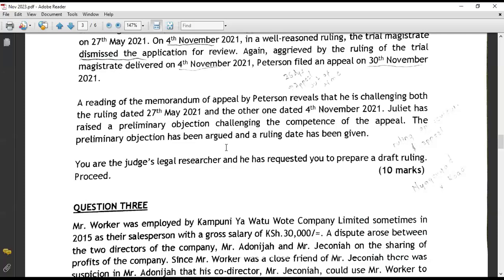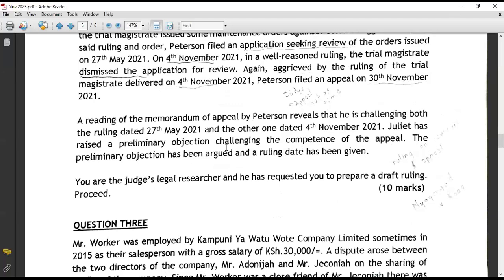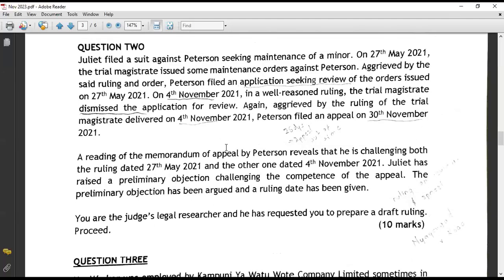So let me go to it. So I read the question. Question 2. Juliet filed a suit against Peterson seeking maintenance of a minor. On 27 May 2021, the trial magistrate issued some maintenance orders against Peterson. Aggrieved by the said ruling and order, Peterson filed an application seeking review of the order issued on 27 May 2021. On 4th November 2021, in a well-reasoned ruling, the trial magistrate dismissed the application for review.